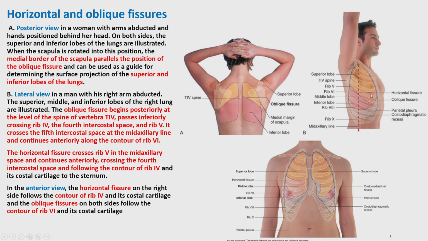And the horizontal one follows the passage of rib number 4, which is a very important landmark in this region, as you see in this slide.